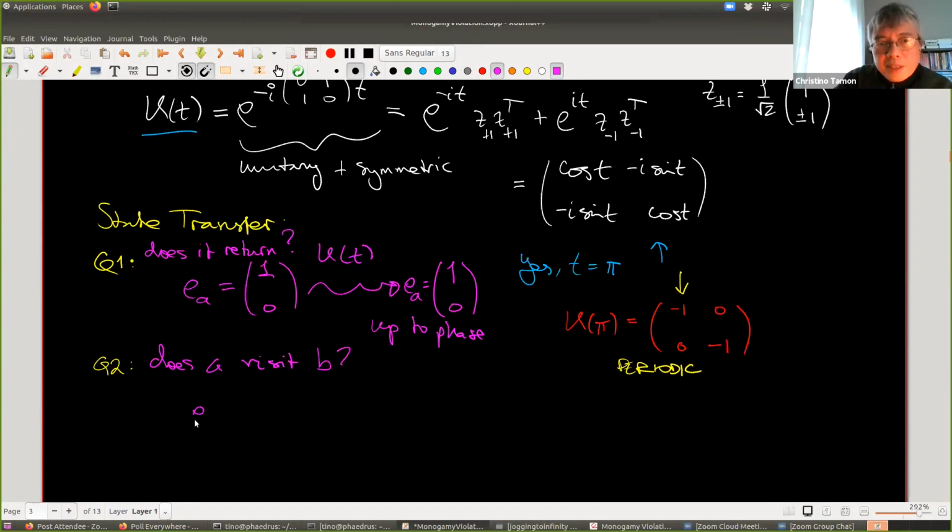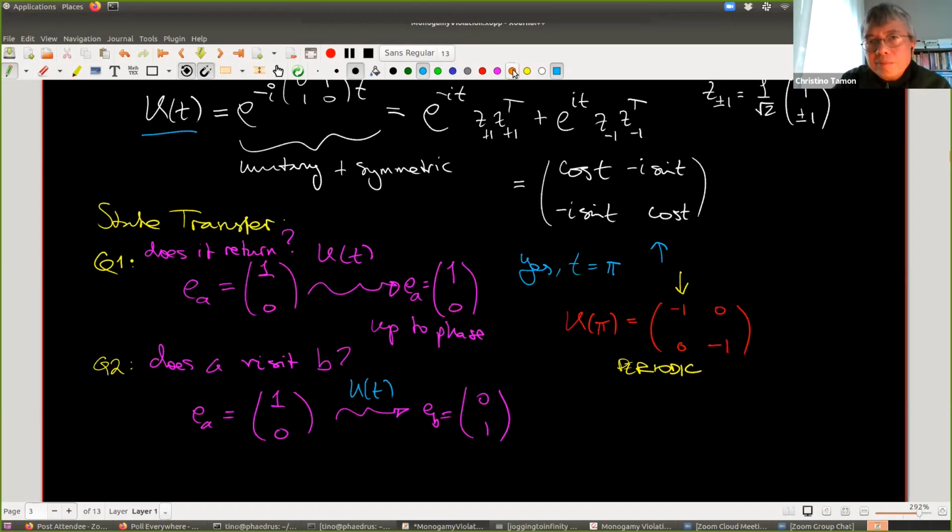So here the question is, if we were to start with this unit vector, does it get to the other unit vector through this unitary map? And the answer here also is yes, at another time.